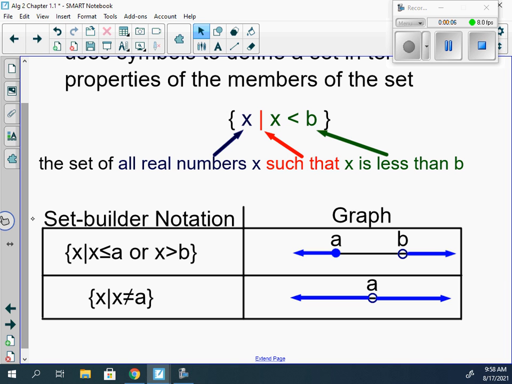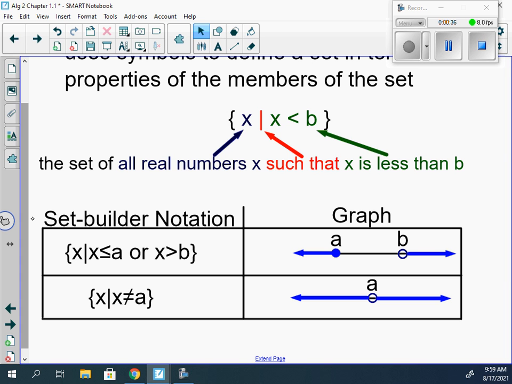So I know we got a little bit further than this yesterday, but I'm going to pick up here and then we'll move along. Where we stopped yesterday was talking about set builder notation. Set builder notation is really helpful when trying to describe large sets of numbers or unique groups.